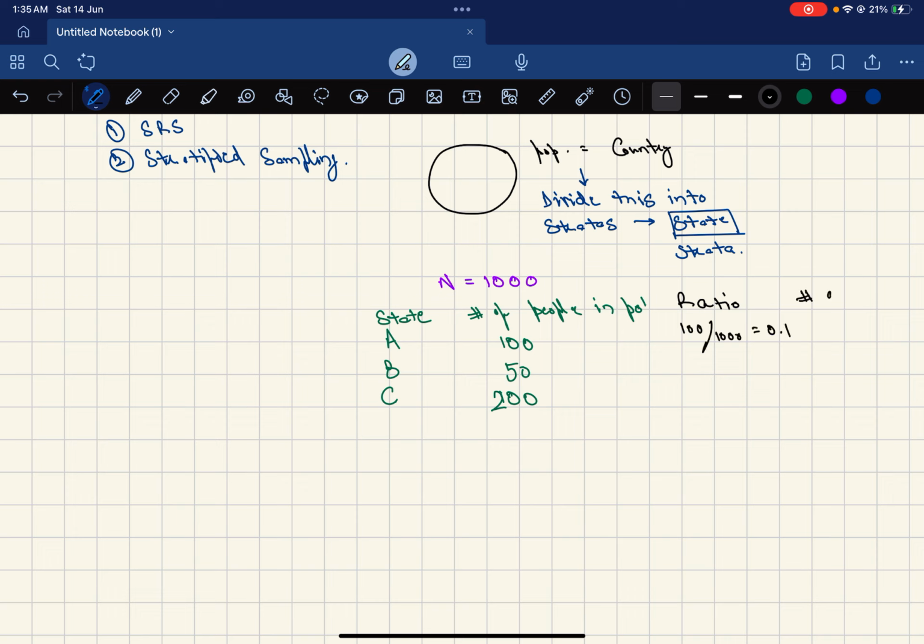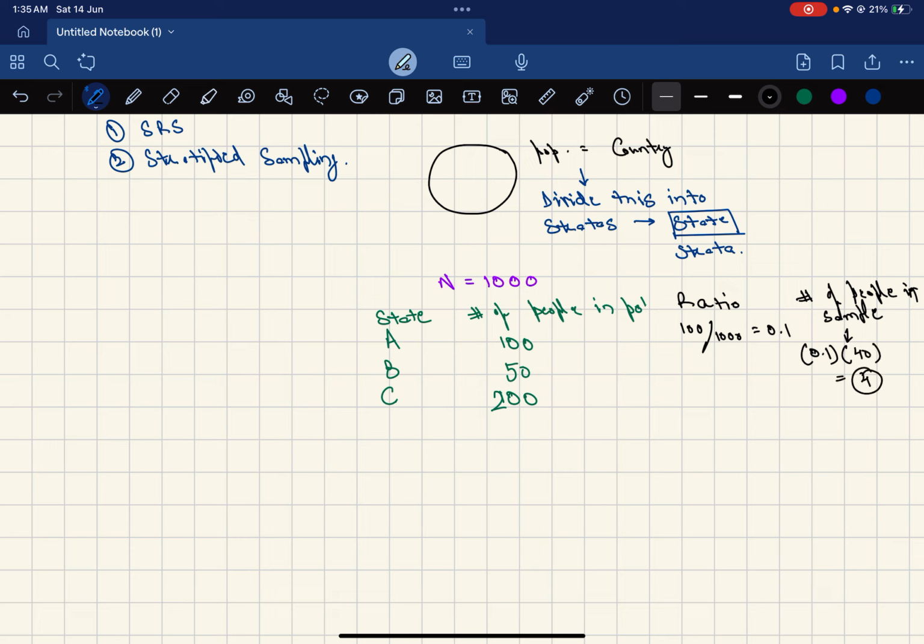Therefore, the number of people in the sample would be computed as what? 0.1 into the sample size, which is 40, therefore 4.